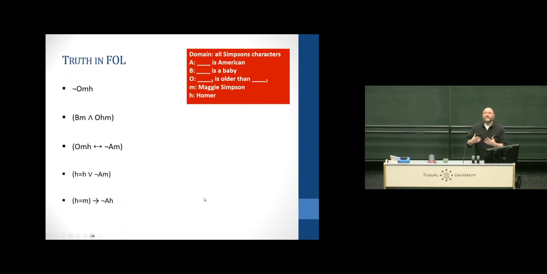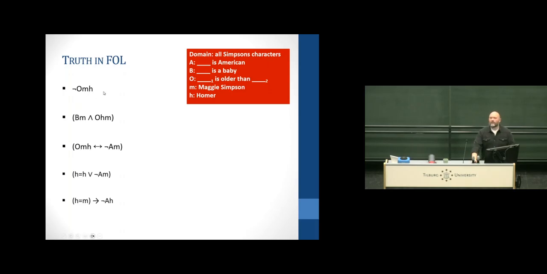So, on this interpretation, is our first sentence here true or false? Well, let's think. The main operator here is the negation. So the negation is going to be true if the sentence it's negating is false. And the way we assess the negated sentence is we think about, is the ordered pair M, H in the extension?